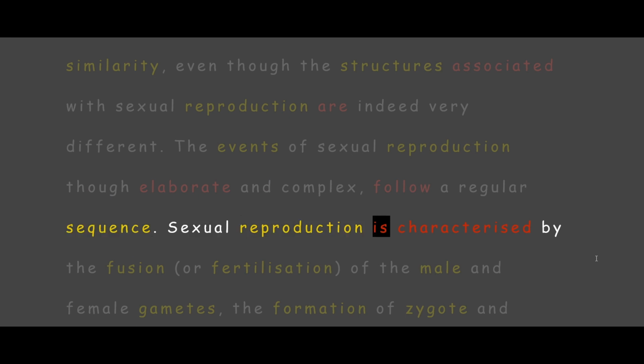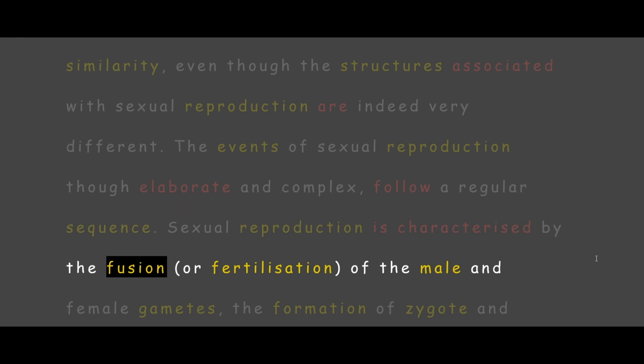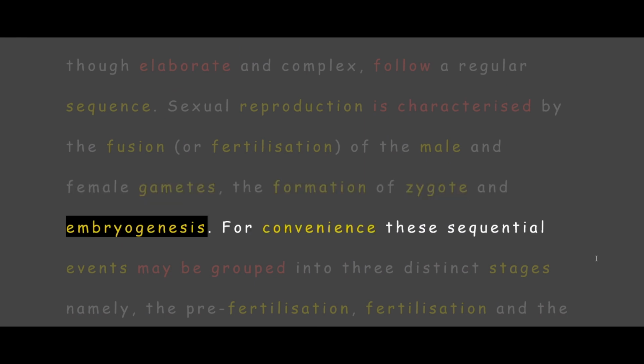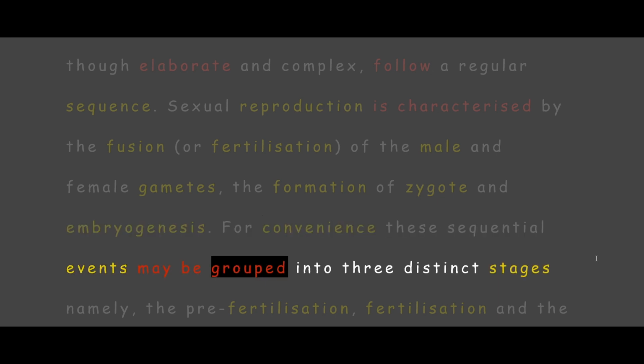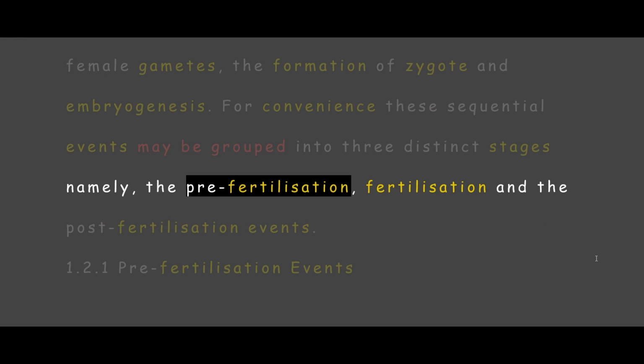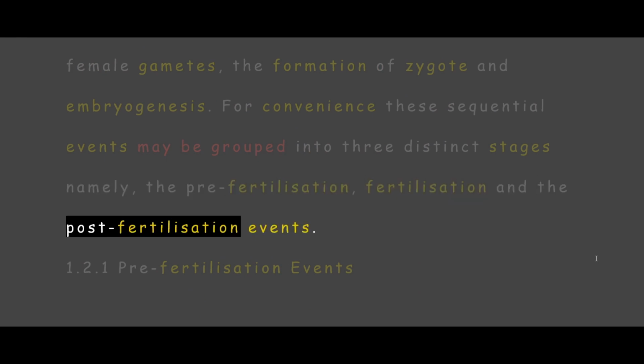Sexual reproduction is characterized by the fusion, or fertilization, of the male and female gametes, the formation of zygote and embryogenesis. For convenience, these sequential events may be grouped into three distinct stages, namely, the pre-fertilization, fertilization and the post-fertilization events.